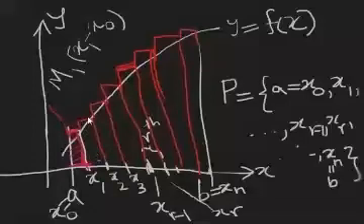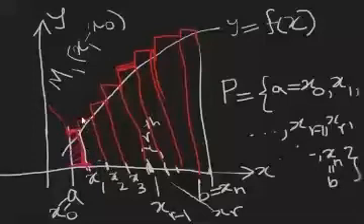This height is the maximum of f on this interval, which is capital M sub 2. If you multiply that number by the width of this interval, that gives you the area of this rectangle.